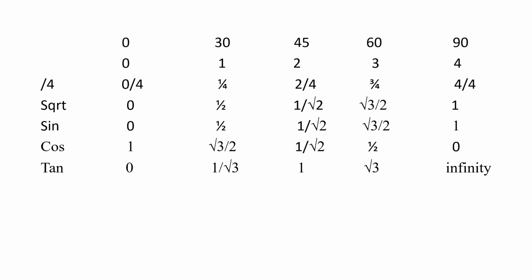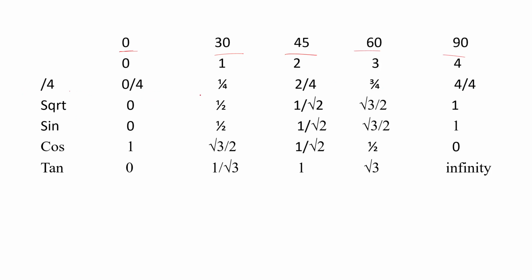Yes. So next, how do we calculate the angles? You have done this in your lower classes itself, but just for refreshing, I am giving it again. Write 0, 30, 45, 60, 90 here, and below that write 0, 1, 2, 3, 4. Divide all of these by 4.